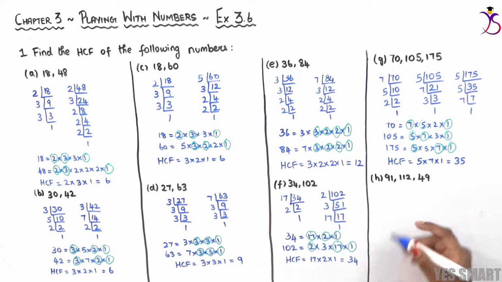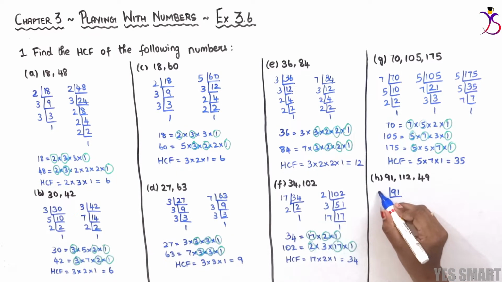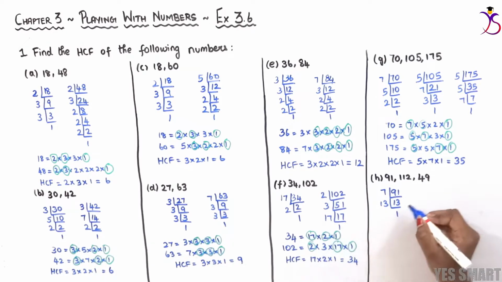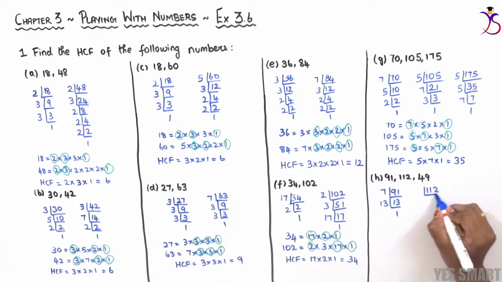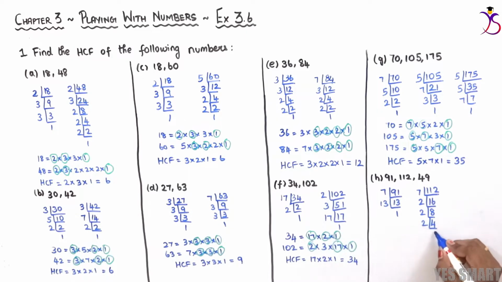Now H sum, 91. Let's start with 7. 7 13s are 91 and 13 ones are 13. Next 112. 7 16s are 112, 2 8s are 16, 2 4s are 8, 2 2s are 4, 2 1s are 2.